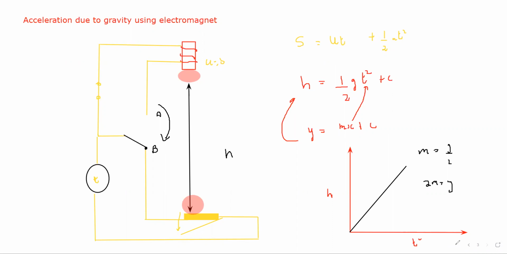So this experiment can be done in different ways. Light gate and electromagnet are two options, or you can also use a normal stopwatch. But using a stopwatch, there are errors like reaction time. It will be difficult to stop it in a short time, so reaction time is there.